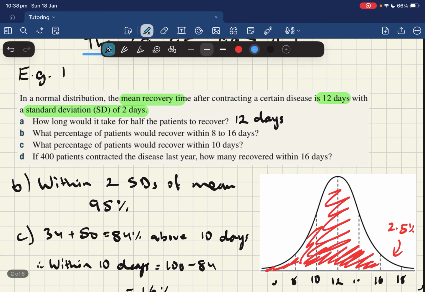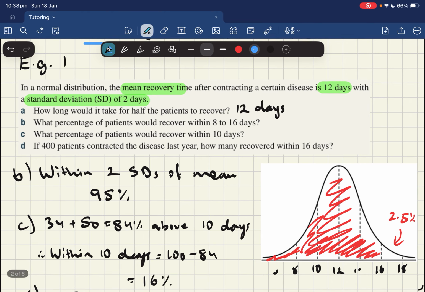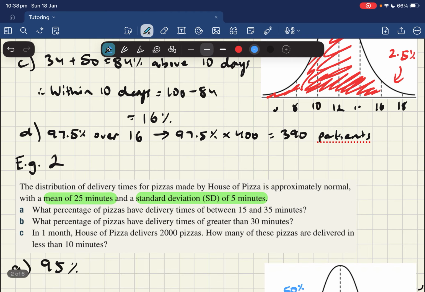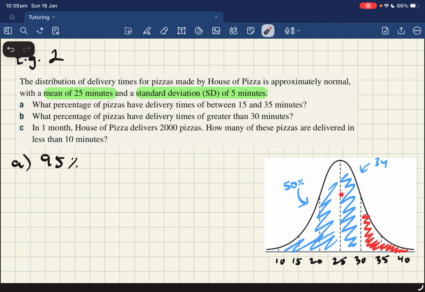If we go half of 68, we have 34. So we have 50 down here, and then another 34 here. So 50 plus 34, 50's here, 34 is just this one here.